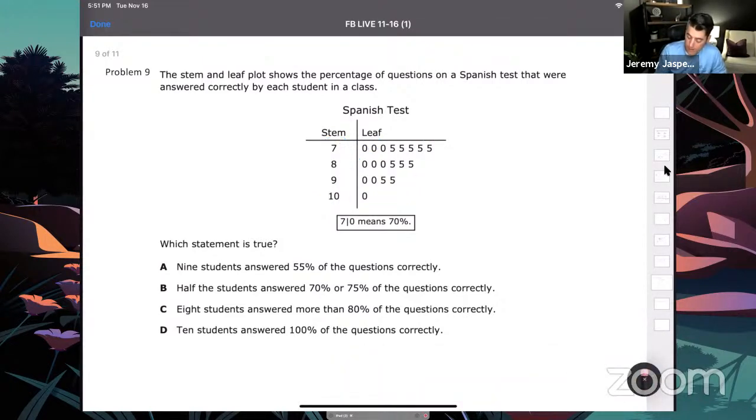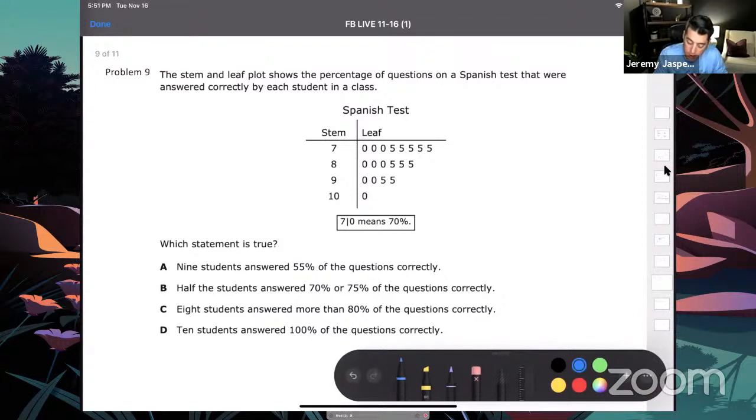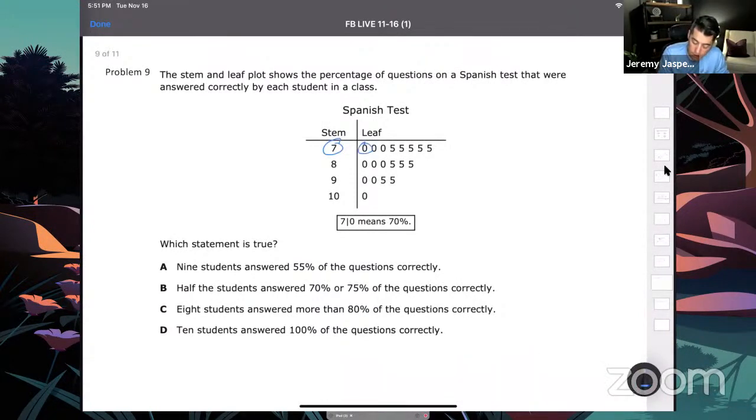That doesn't make sense, until we understand that you take the stem plus the leaf and you get the actual value. So a 7 and a 0 equals 70. A 7 and a 5 equals 75. When there are multiples, it just means it happens multiple times, right? There are 1, 2, 3, 4.